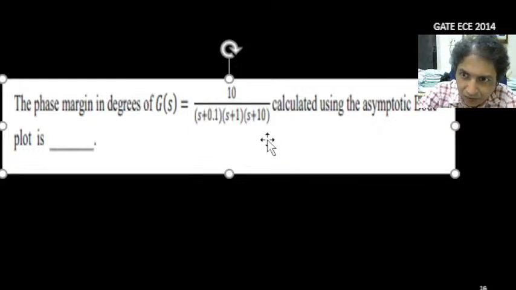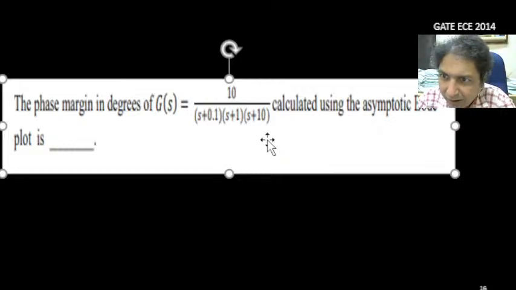That is for G(s) equals 10 upon (s plus 0.1)(s plus 1)(s plus 10). It is said that the gain margin should be calculated using the asymptotic Bode plot. So you can understand the Bode plot, all those things.